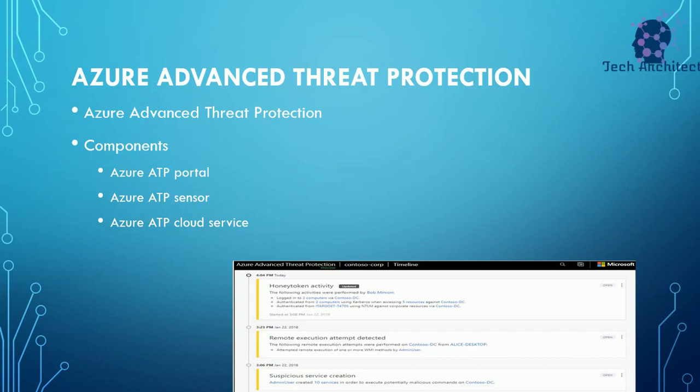ATP sensors are installed directly on your domain controller. The sensor monitors domain controller traffic without requiring a dedicated server or configuring port mirroring. Cloud service: the ATP cloud service runs on Azure infrastructure and is currently deployed in the United States, Europe, and Asia. The ATP cloud service is connected to Microsoft's Intelligent Security Graph.